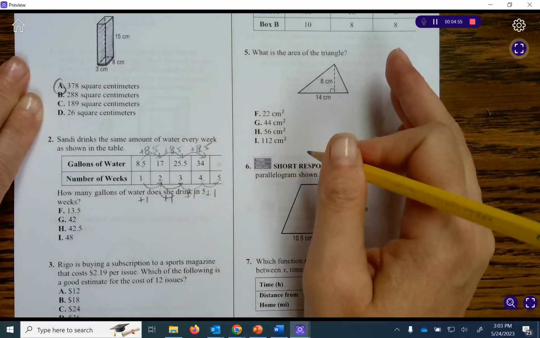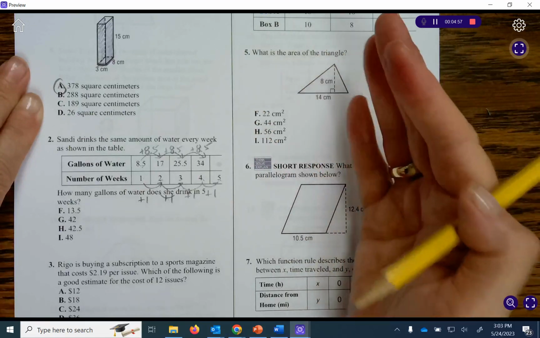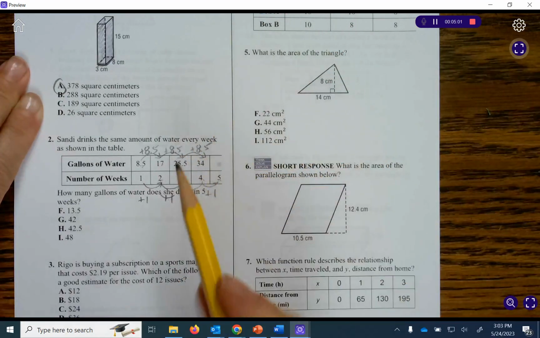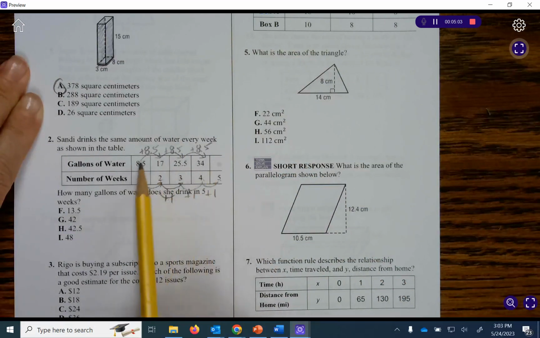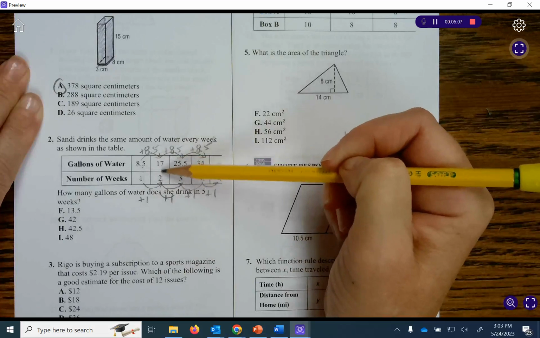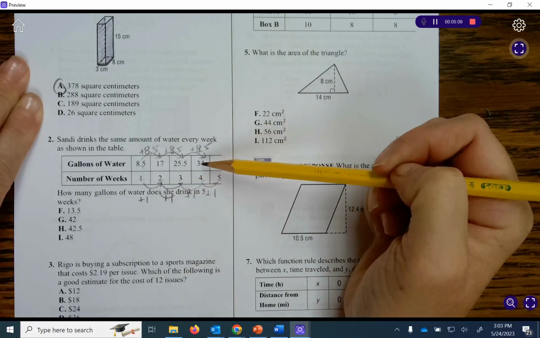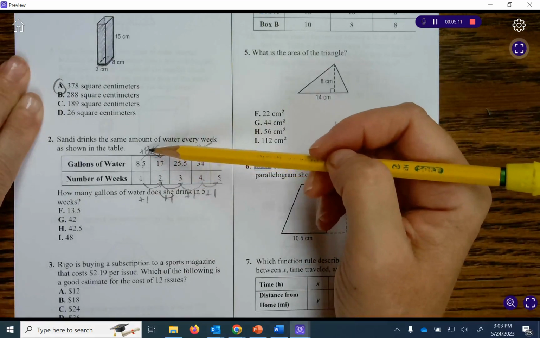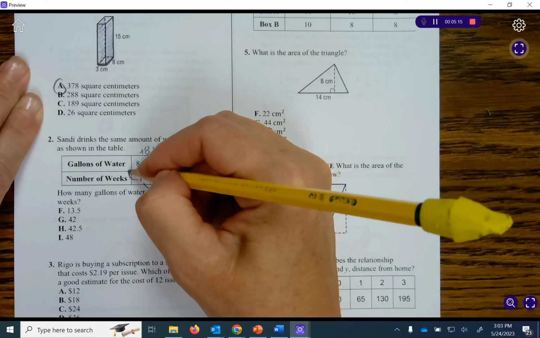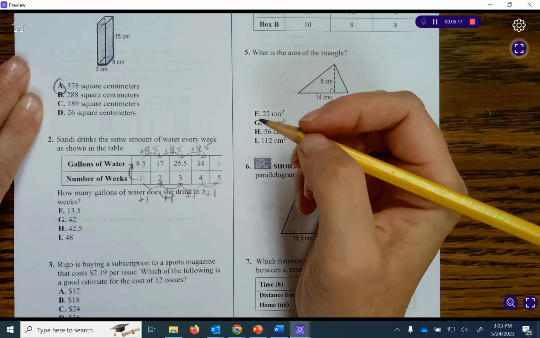Just don't trust me. Make sure that you know what I'm saying and prove it to yourself. So horizontal moves can be addition and subtraction. Vertical moves have to be multiplying or dividing. To get from 1 to 8.5, I multiply times 8.5.